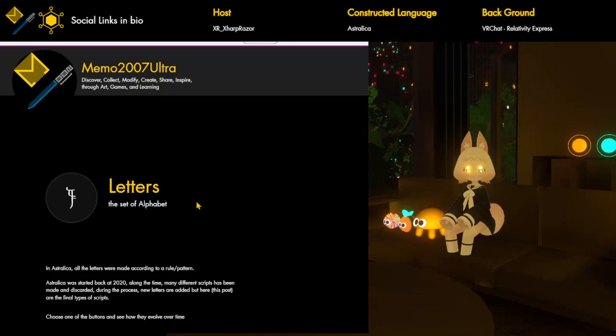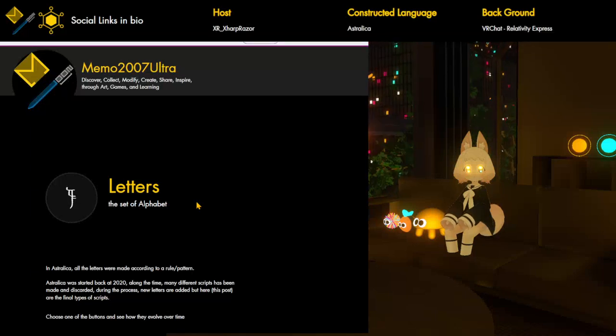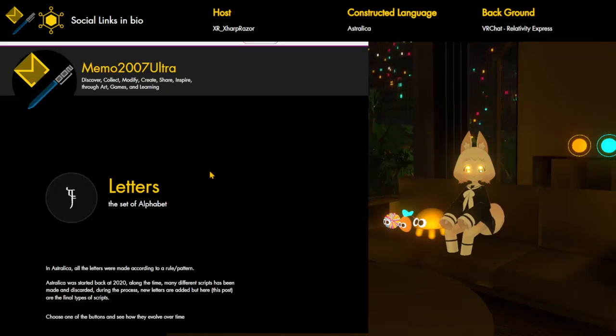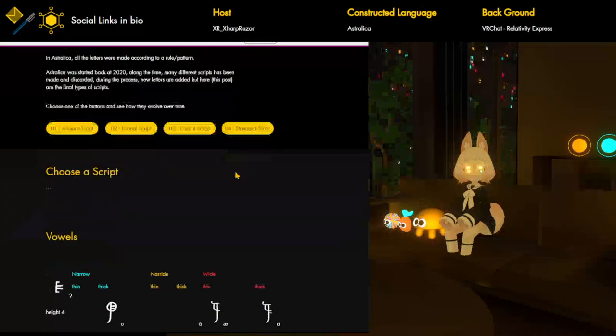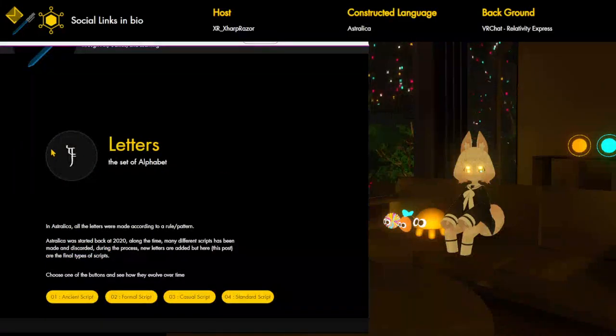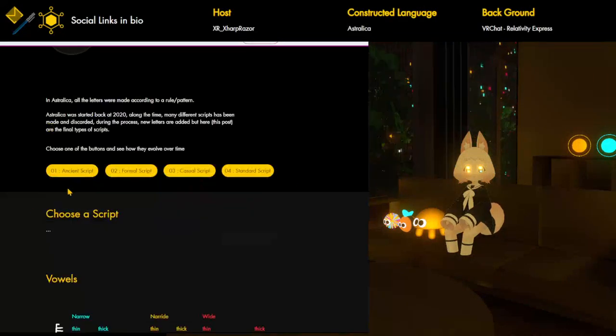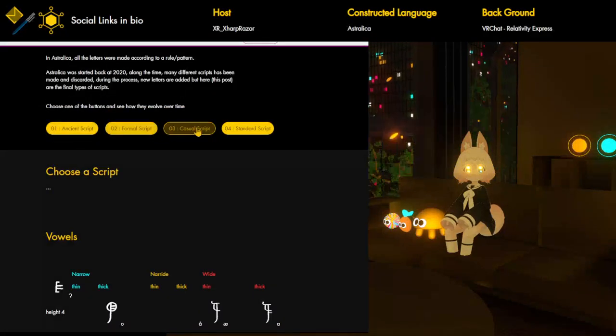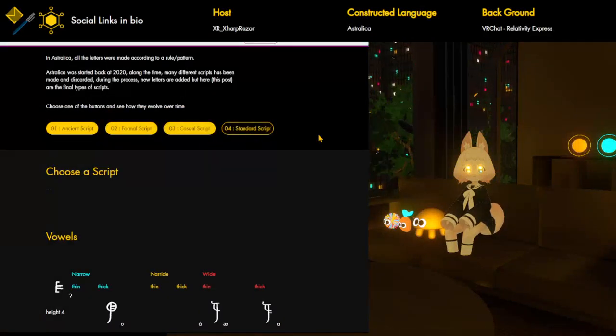But no. In this case, since Astralica is meant to be universal and pattern based, our inventory table is going to be anything you can find on that thing, perhaps. But soon you'll see. For the scripts, we have four types of them: ancient script, formal script, casual script, and standard script.